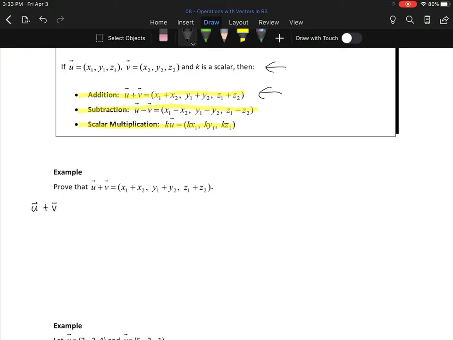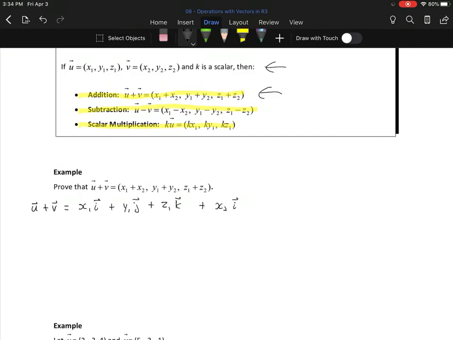Okay, so if I want to do u plus v, what I'm going to do is switch to i's, j's, and k's here. I've tried to keep the screen on so you can see above exactly what u is. So u is x1 i vector plus y1 j vector plus z1 k vector.